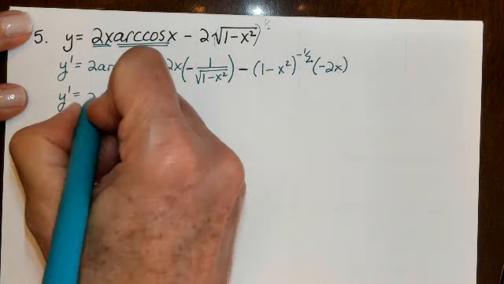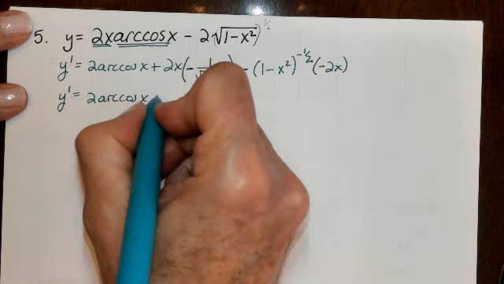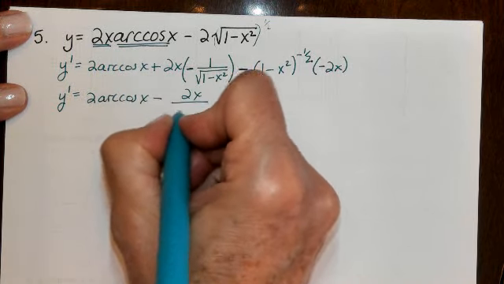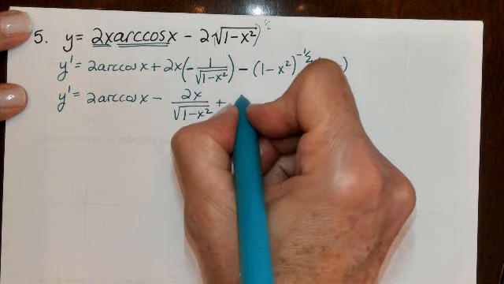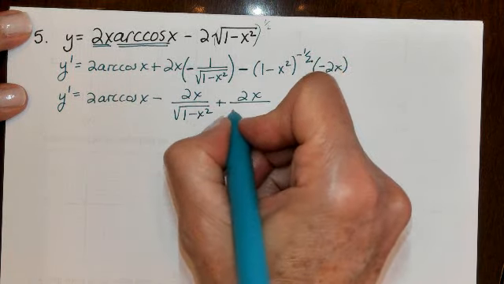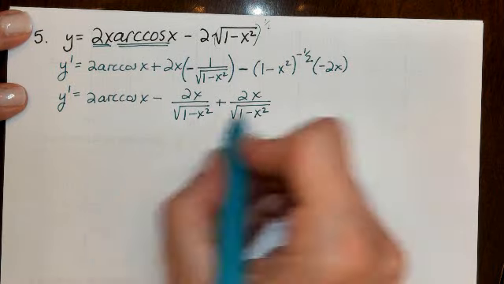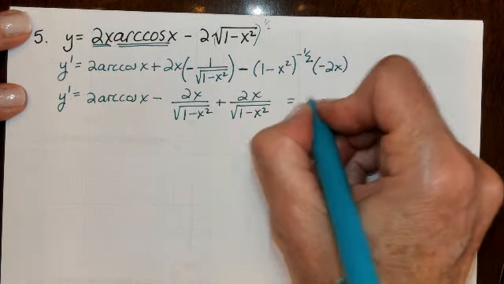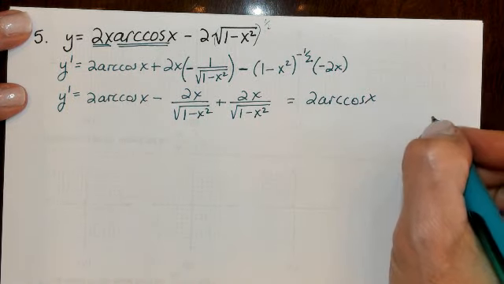So let's look at what we have here. We have 2 arc cosine x minus 2x over square root 1 minus x squared plus 2x over square root 1 minus x squared. And what happens? These two zero out and we just get 2 arc cosine x.